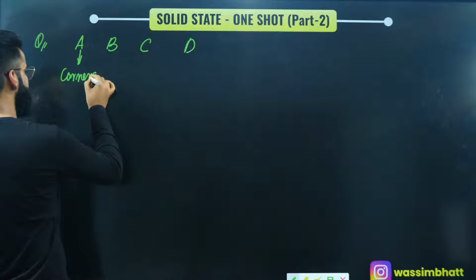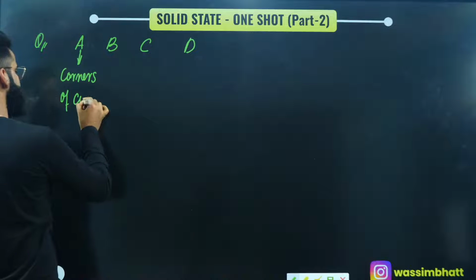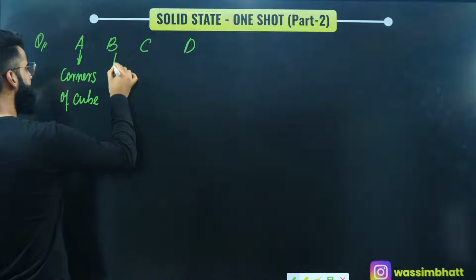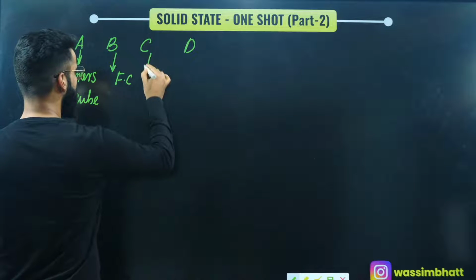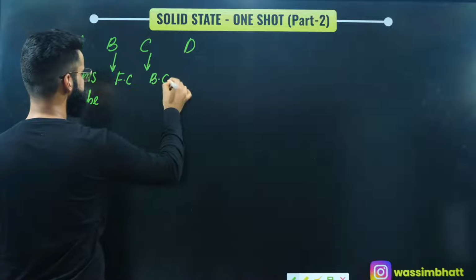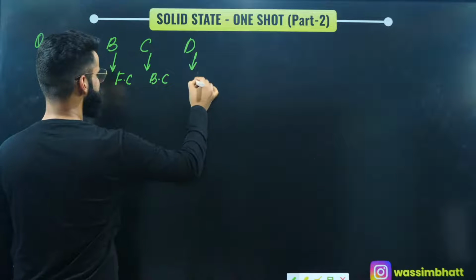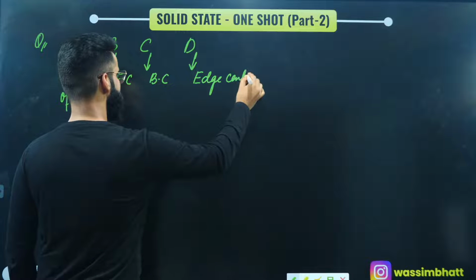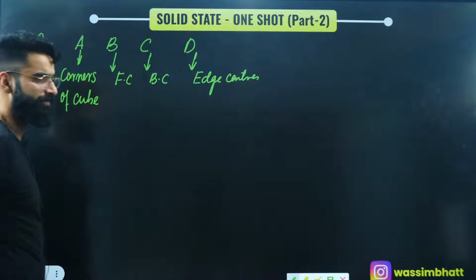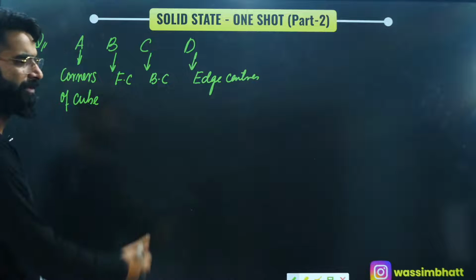A very simple question I'm giving you. B particles are present at the face centers of the cube. C particles are present at the body centers. And D particles are present at the edge centers. What is going to be the formula of the compound? Let's try to solve these sort of questions.